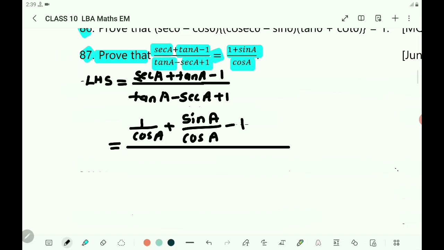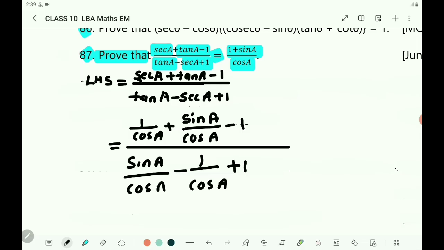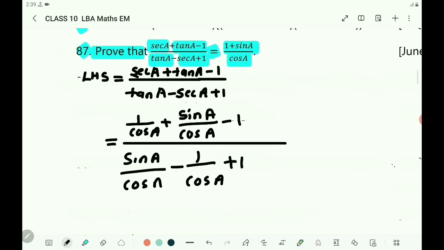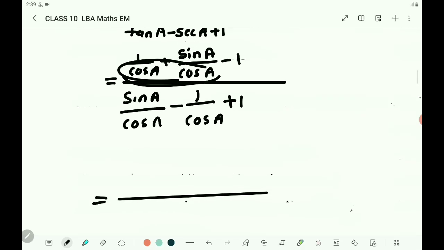In the denominator also express tan A as sin A by cos A minus secant A is 1 by cos A plus 1. Now you take the LCM on both the numerator and denominator. Here what is the LCM? LCM is cos A.